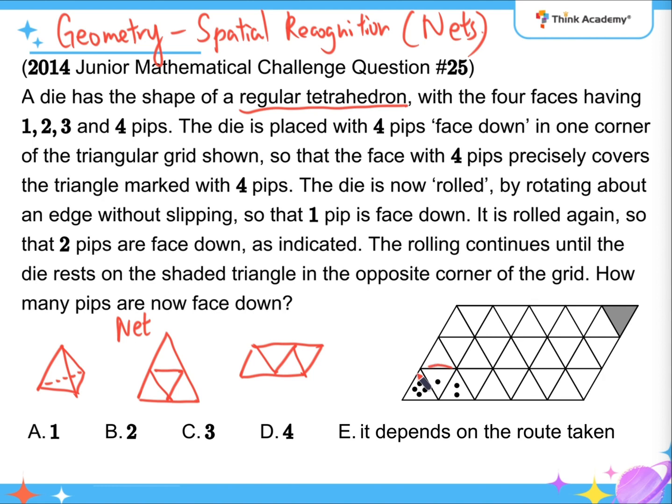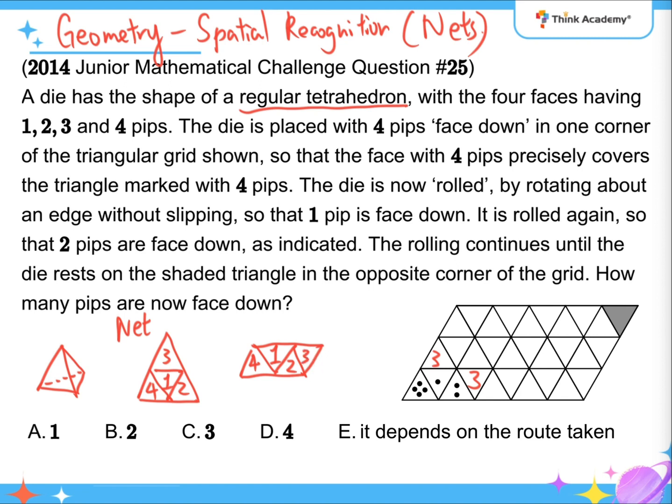So from what we see here, we know that this is 4, 1, 2. So the remaining one on the top is 3. And for example, we can also find this part as 4, 1, 2. Like there's a trapezium shape as 4, 1, 2. So it means that this one on the right is going to be 3.